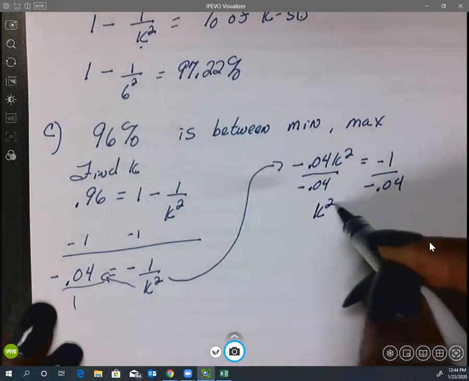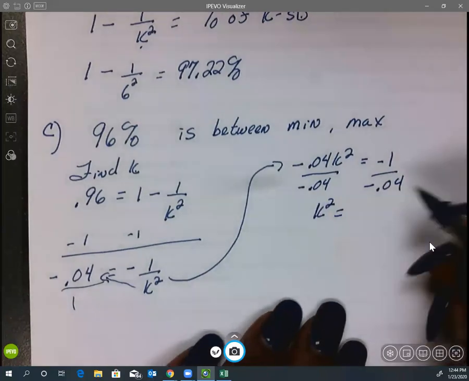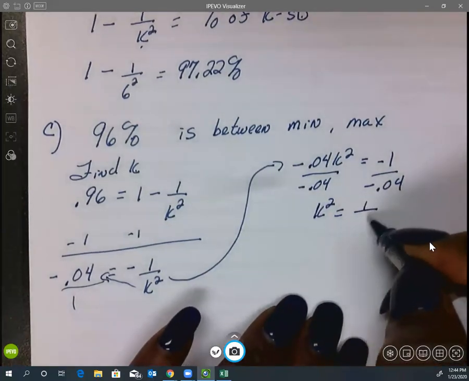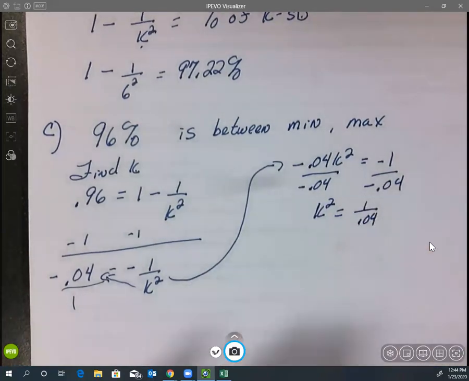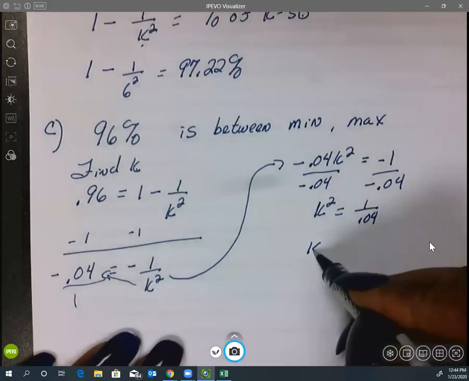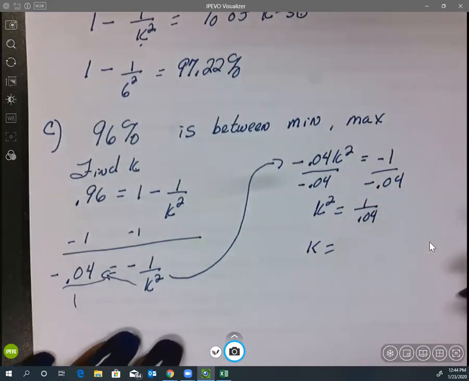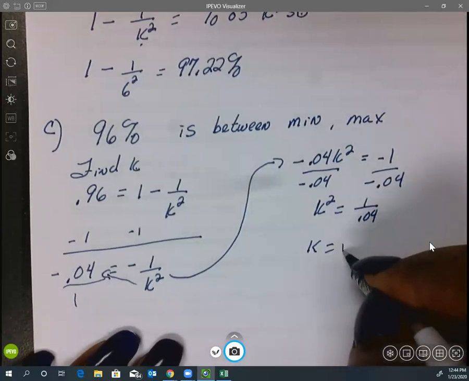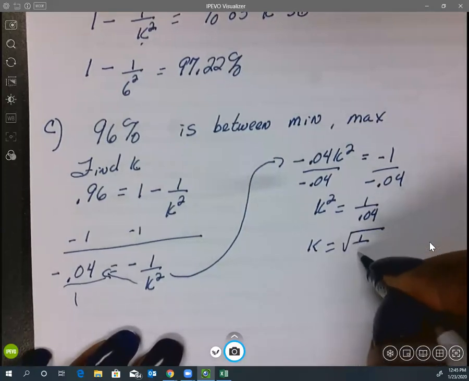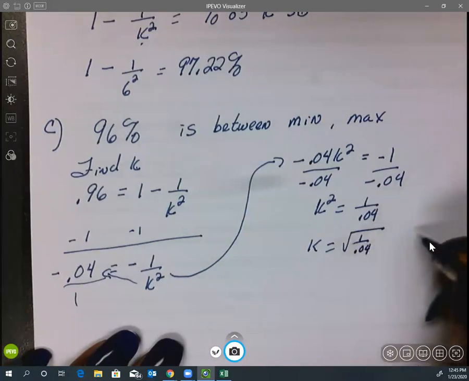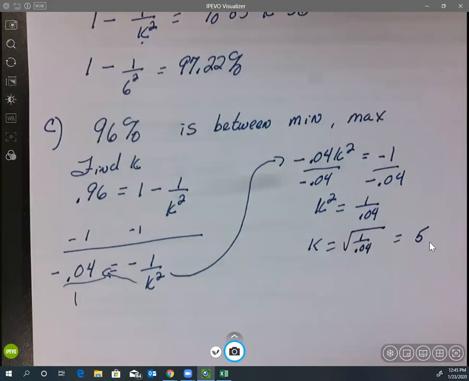We got K squared is equal to, this becomes positive 1 over 0.04. And then lastly, we need to take the square root to find K. When I take the square root of 1 over 0.04, we get a 5 for my K. And let me verify that I've done that correctly.